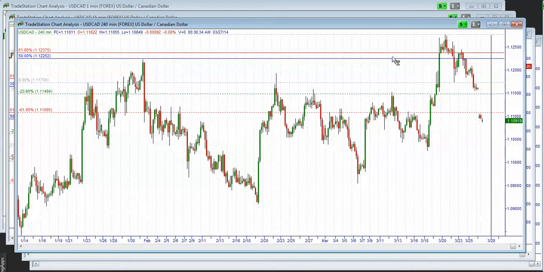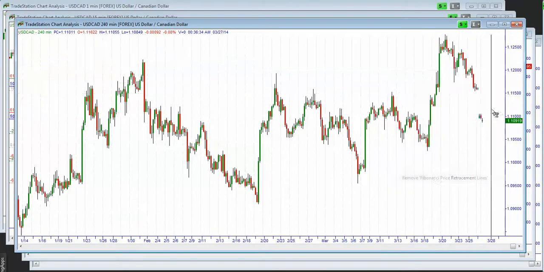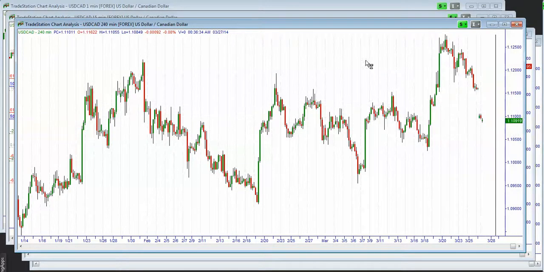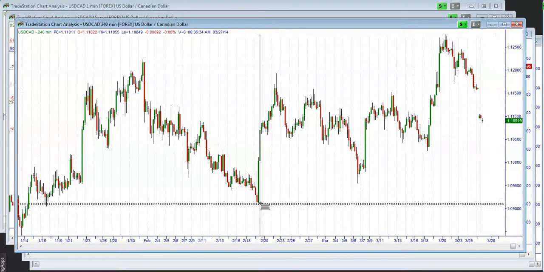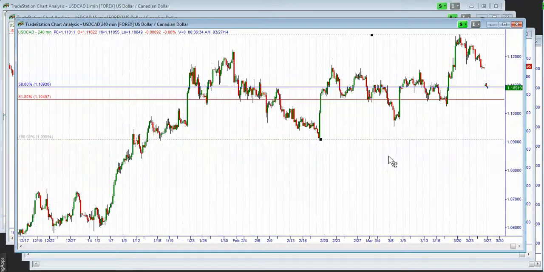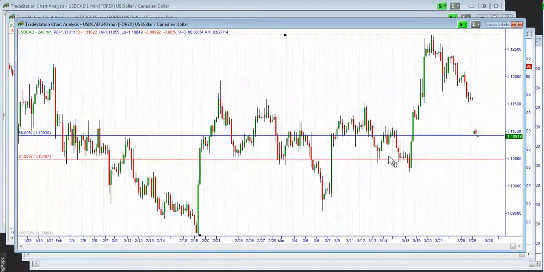So the daily chart was not updated, as you can see here, because I don't know if this is valid data, but that's what I'm getting at the moment, because I didn't follow this market today. So what we are seeing here is a test of these lows to highs.